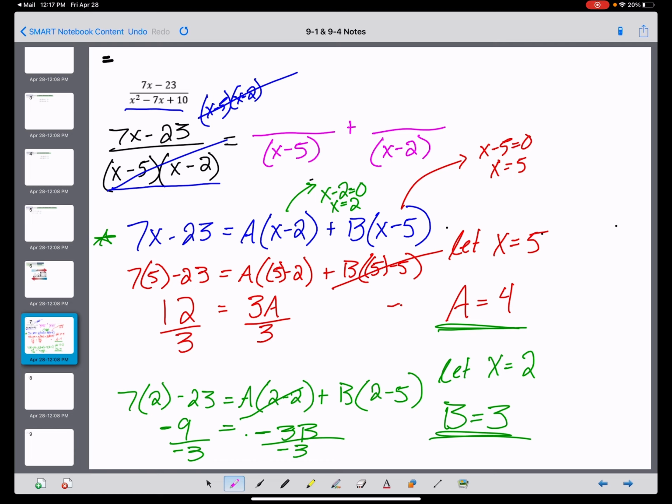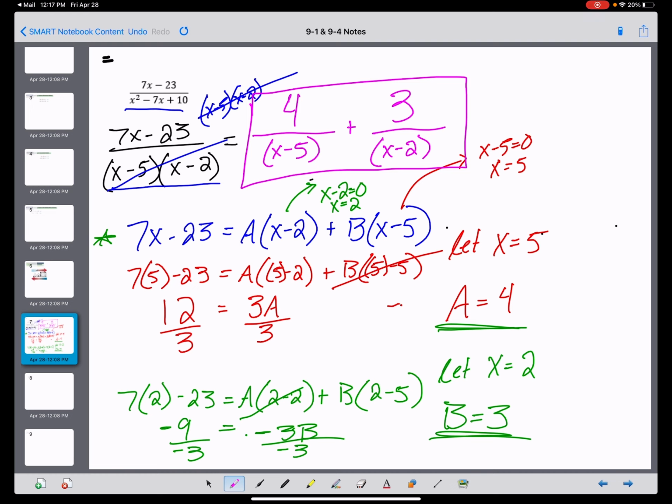Now we found A. A is 4. So this was 4 over x minus 5 plus 3 over x minus 2. And that is the separate pieces of the fractions that add together to give you 7x minus 23 all over x squared minus 7x plus 10.